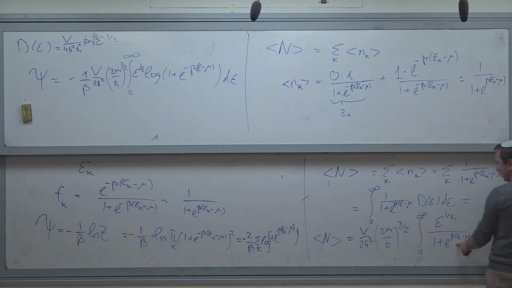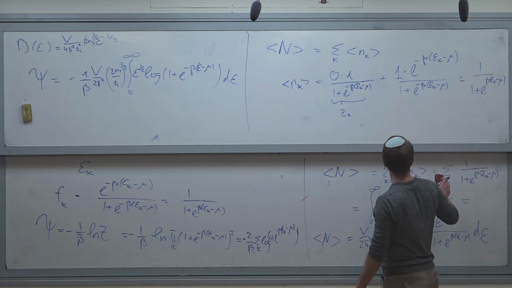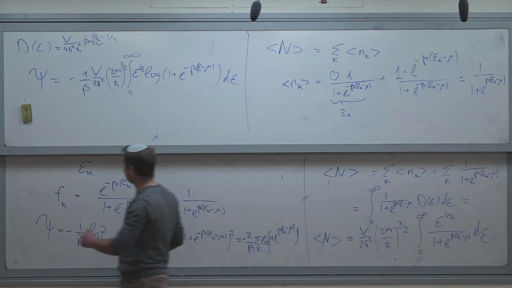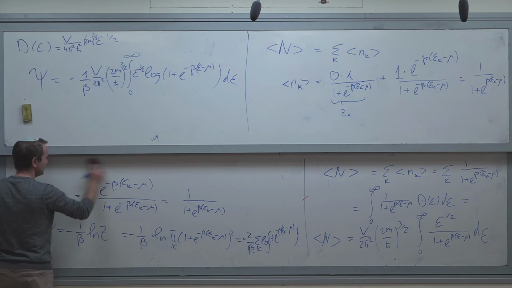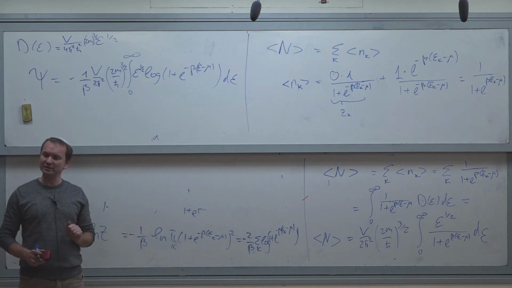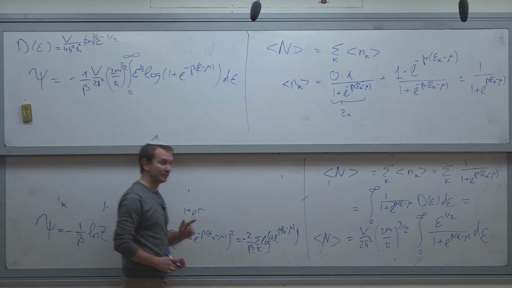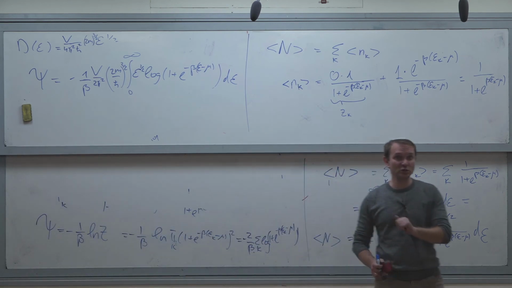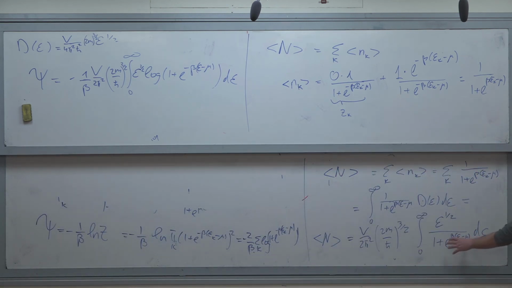Do we know how to calculate this guy? It seems not that difficult, but it's actually not a nice integral. When does it become an extremely nice integral, in what limit? T goes to 0. Why? Look at this guy.